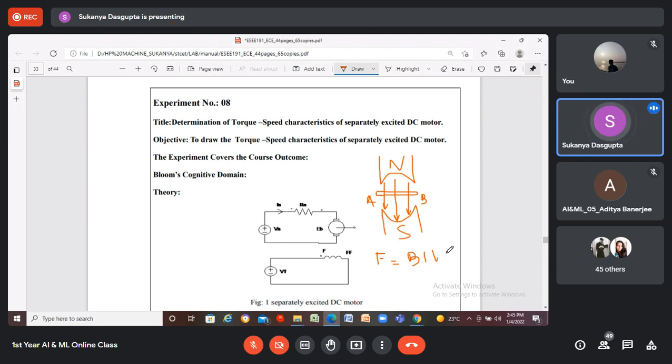This is Fleming's left-hand rule, and following this rule, the DC motor will operate.